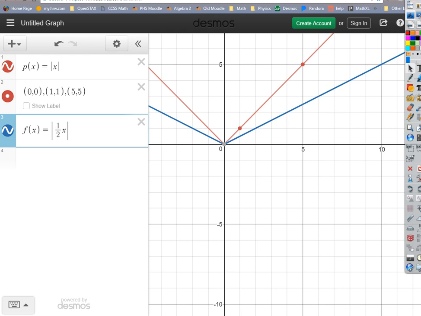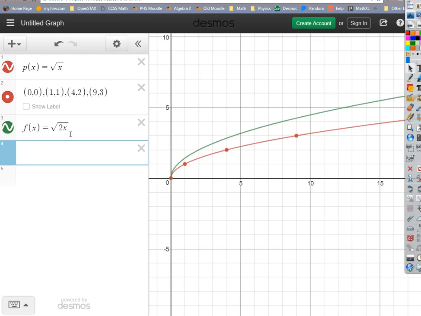Okay, so now let's apply this to something like this. So what did we do there then? We took our parent graph, which is a square root, and if we multiply by 2 inside, what are we doing? So I'm multiplying inside by 2, right? That's the value of b, okay? So that means I am compressing or stretching?